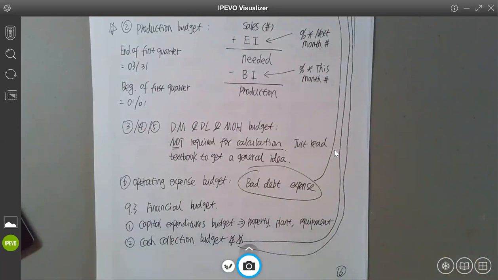So you will sell 300,000, but you want to have a little more on hand, a safety inventory. So you say, hey, instead of just producing 300,000, I want to produce a little bit more just in case the demand is high. So you want to have a little ending inventory.